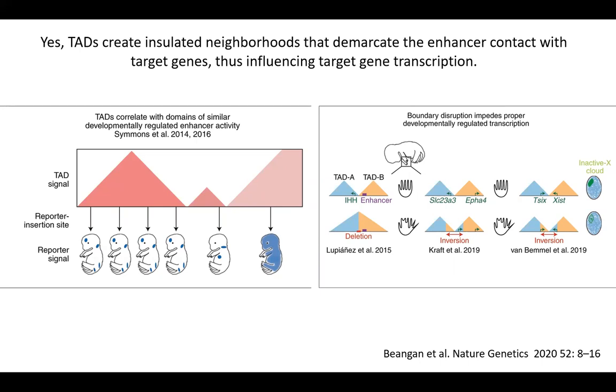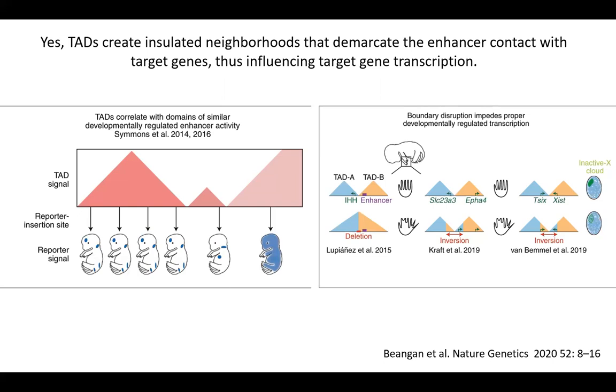And what they found was that generally the random insertions within a TAD tend to show correlated expression patterns, but the random insertions that go outside the TAD tend to differ in the expression pattern. So those kinds of observations seem to suggest that the boundaries matter in terms of expression of the genes.